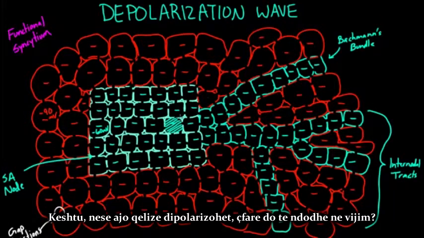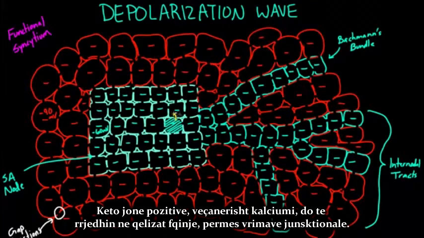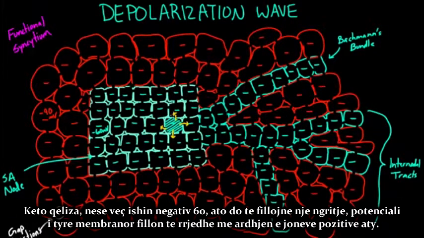So if that cell depolarizes, what's next going to happen? These little positive ions, specifically calcium, are going to leak into these neighboring cells, right, through the gap junctions. And those cells, if they were already at negative 60, are going to start rising. Their membrane potentials will start trickling up as the positive ions go in there.